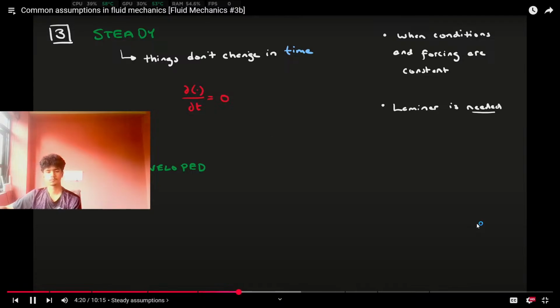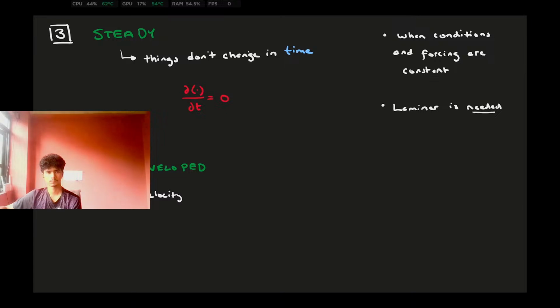Most commonly, this means flow is not changing in the x direction, which is the streamwise direction typically.